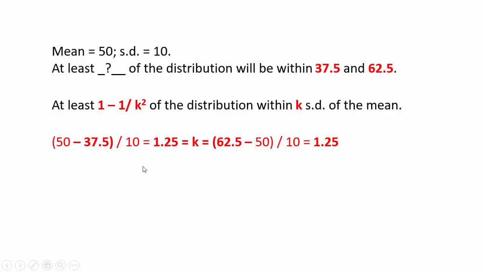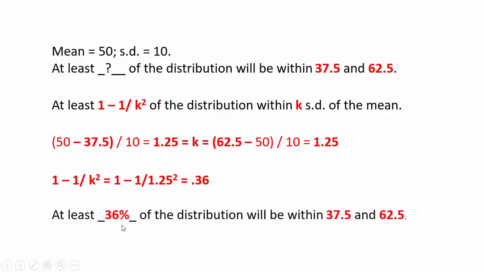The k is 1.25, so we just plug this 1.25 in for k in this formula. 1 minus 1 divided by 1.25 squared, 1 minus this quantity is 0.36. So we got our problem solved. There's at least 36% of the distribution that would lie within 37.5 to 62.5, because both these points are 1.25 standard deviations from the mean.